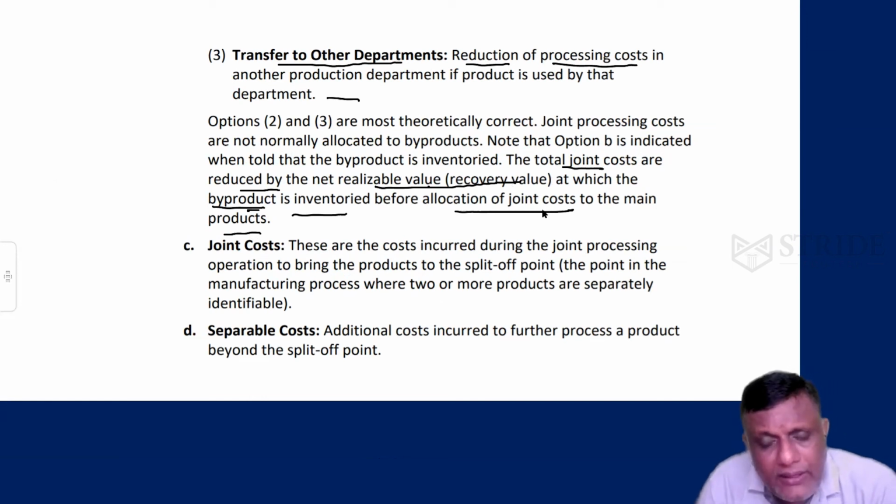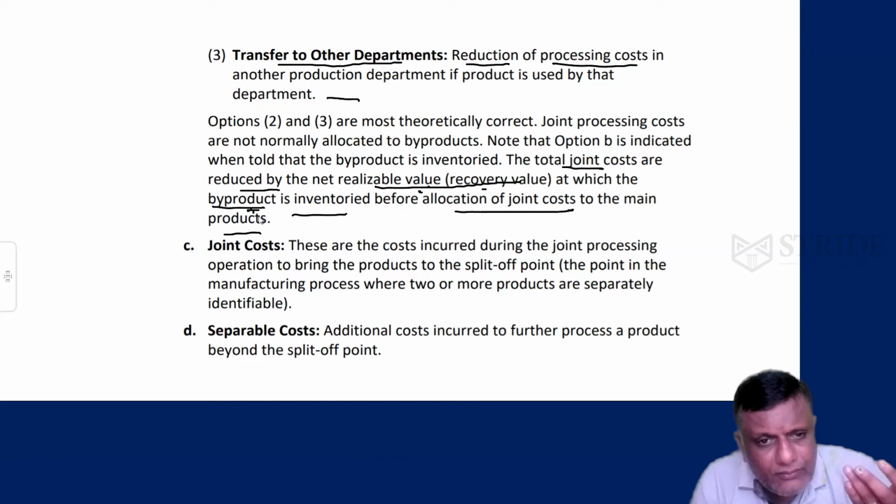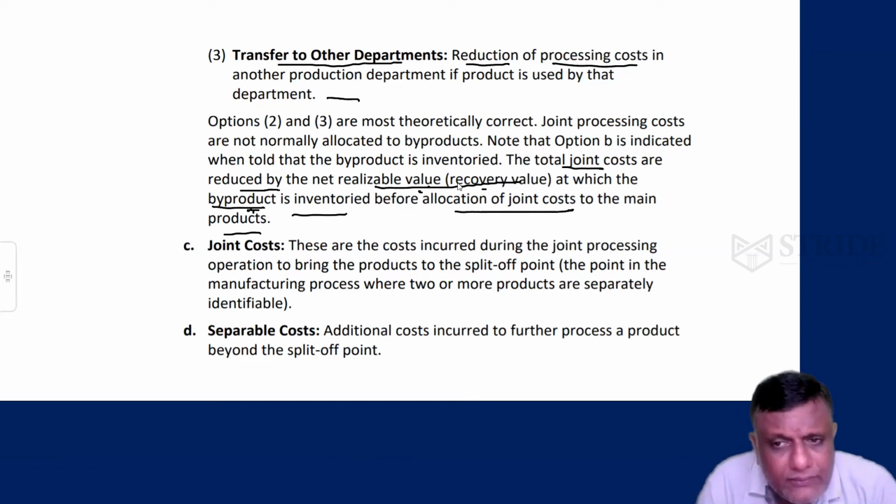Thereafter only joint cost to be assigned to the main product. That's it. Our total joint cost reduced by NRV of the byproduct. What is NRV? Recovery value. Any byproducts coming out of the main product. So the byproduct to be sold, money to be recovered, it is called NRV.